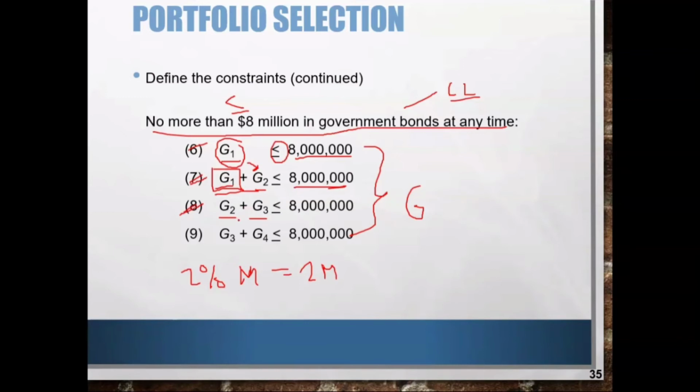They are for 2 months, so G2 plus G3 should be less than or equal to 8 million. In constraint number 9, it is the same, but without G2. We focus on G3 and G4, because it is a 2 month period, so it should be less than or equal to 8 million.